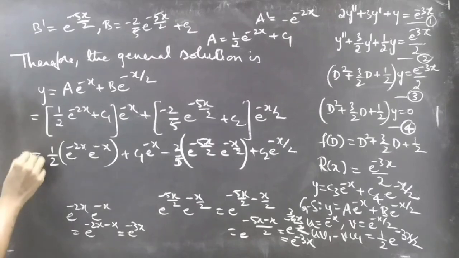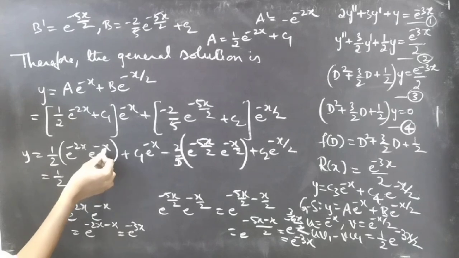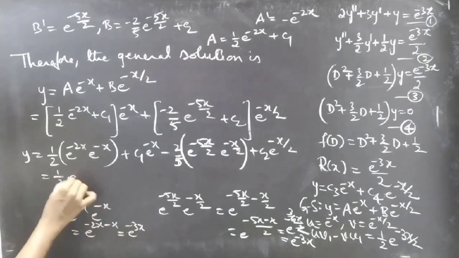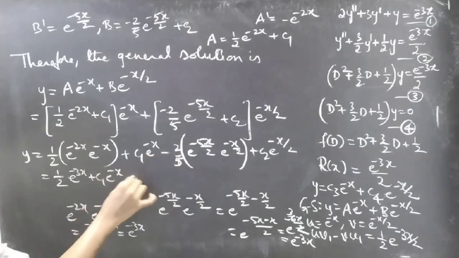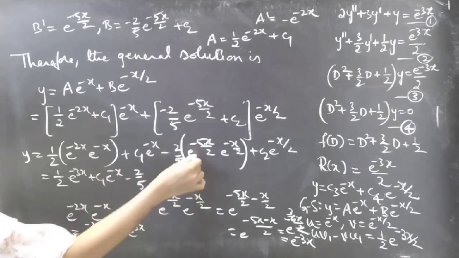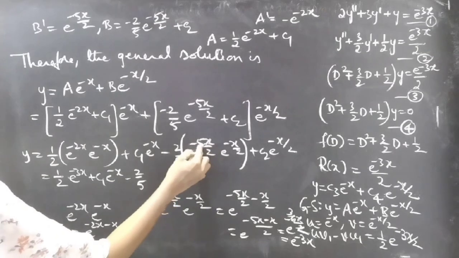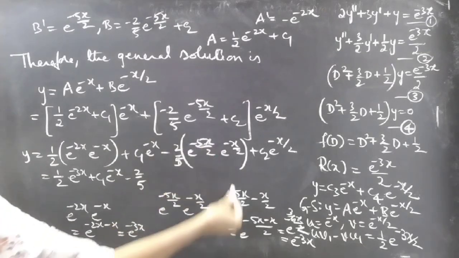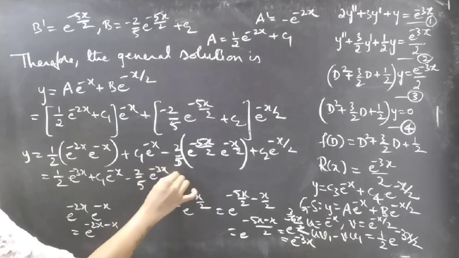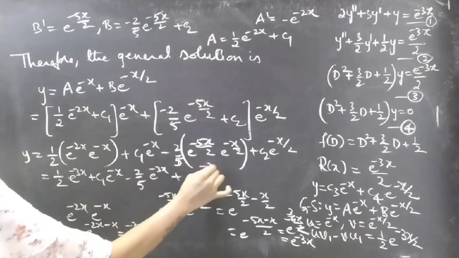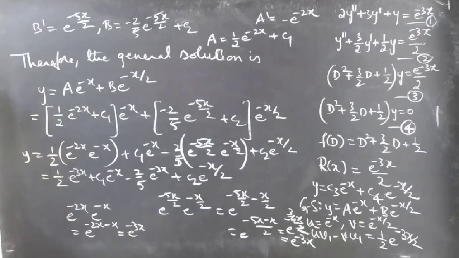The above equation becomes 1 by 2 into e power minus 2x into e power minus x, which can be replaced with e power minus 3x, plus c1 e power minus x, minus 2 by 5 into e power minus 5x by 2 into e power minus x by 2, which can be replaced with e power minus 3x, plus c2 e power minus x by 2.